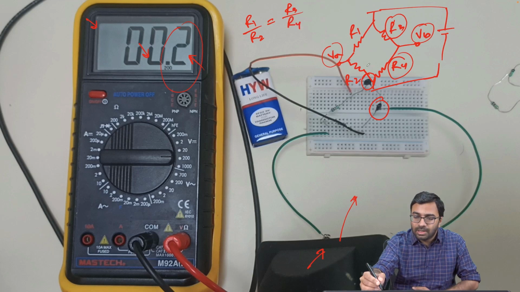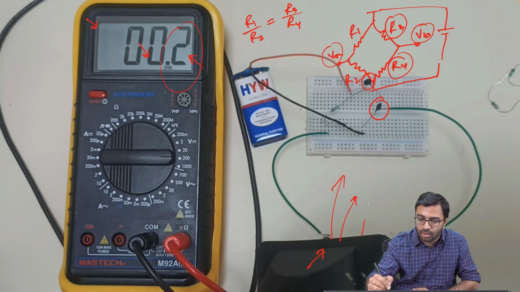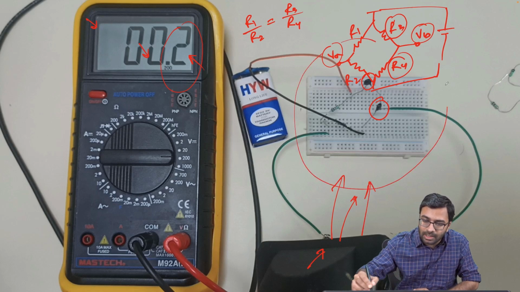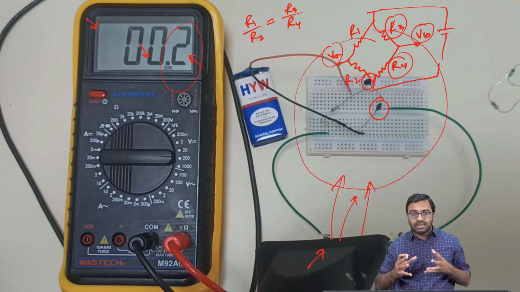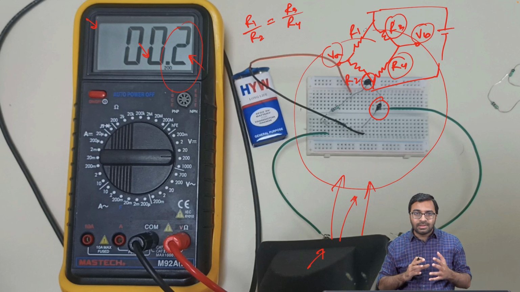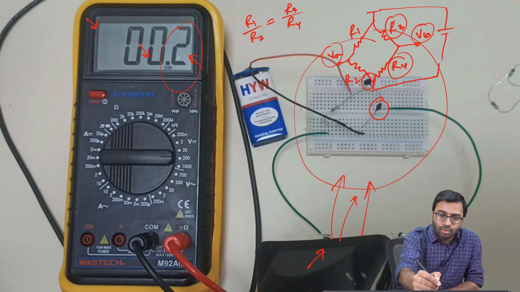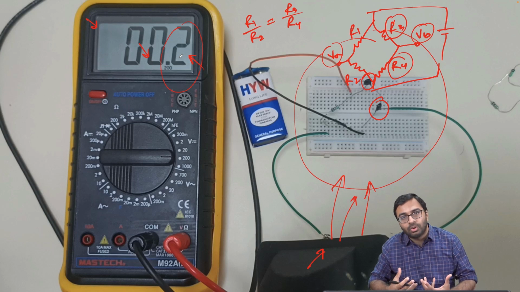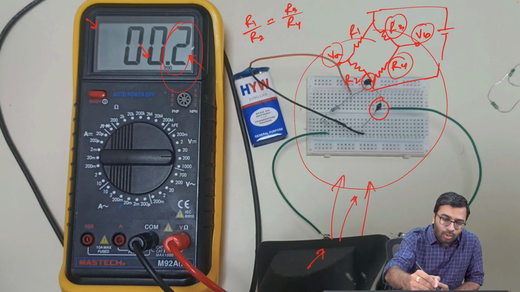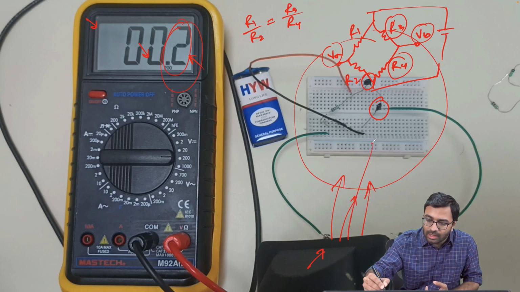If you change the ambient condition using this hot air gun, you are changing the ambient condition around this sensor system. Now the ambient condition is different for both the sensors, and hence the Wheatstone bridge is still balanced. That's why you don't see a big VAB potential, although there is a very small potential because you are applying the hot air gun from this side.